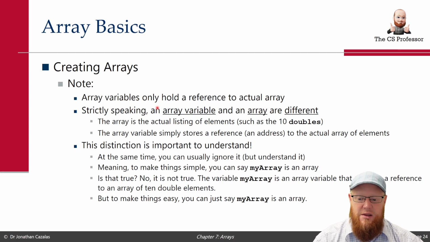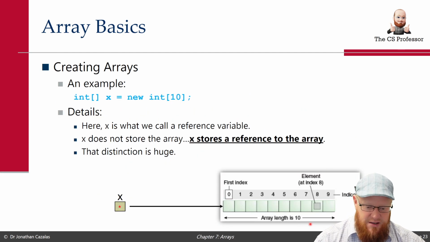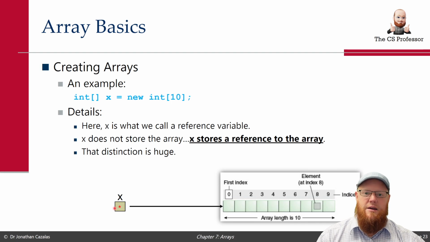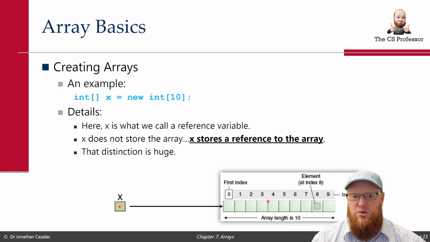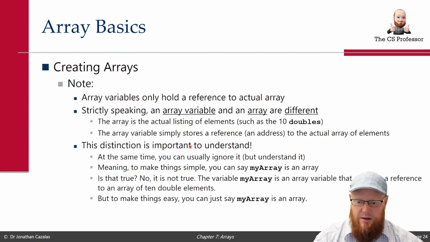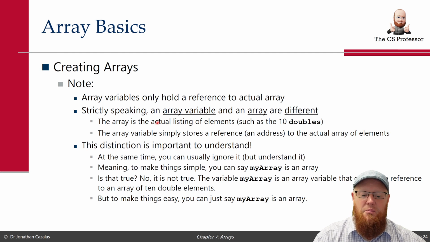So strictly speaking, an array variable is different from an array. This is the array. This is the array variable. The array variable is stored on the stack, and it contains an address. An address to what? To the array, which is much larger and is stored on the heap. That distinction is very important to understand, but at the same time, we can normally ignore that distinction, but we understand it.